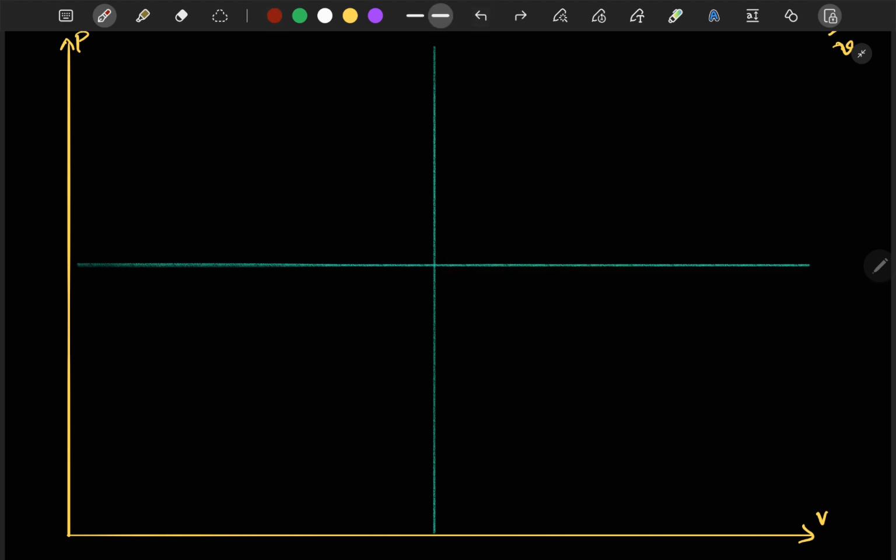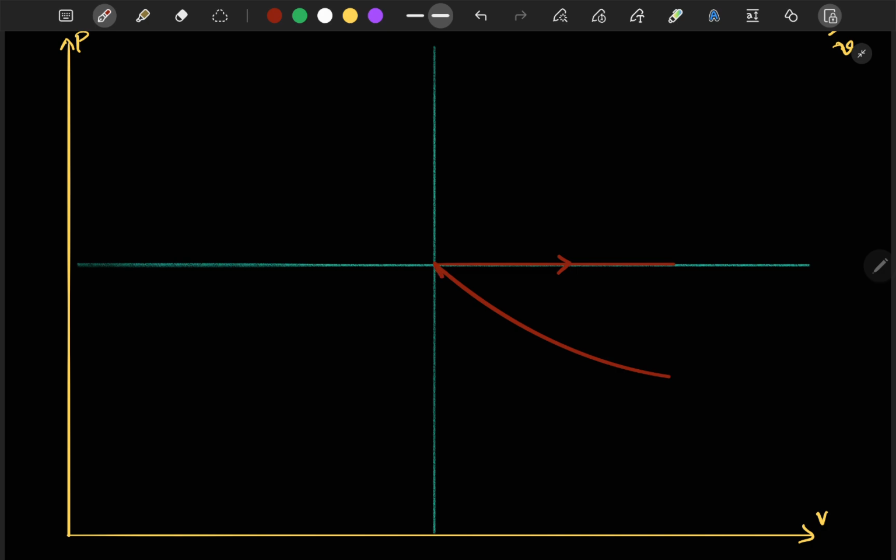Let me take a thick line so that it can be visible. So this is the constant pressure process. The next one, let's say, is isothermal.